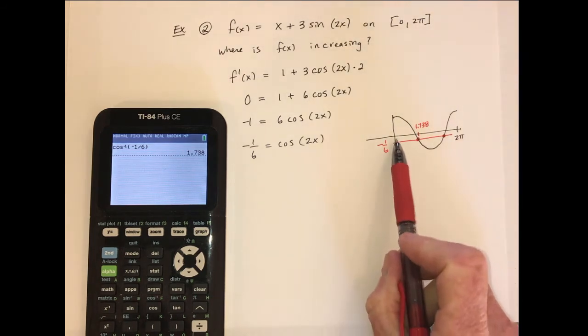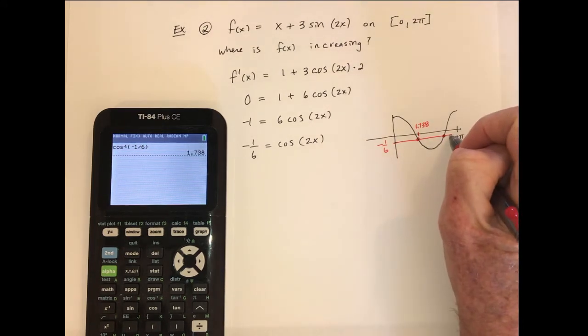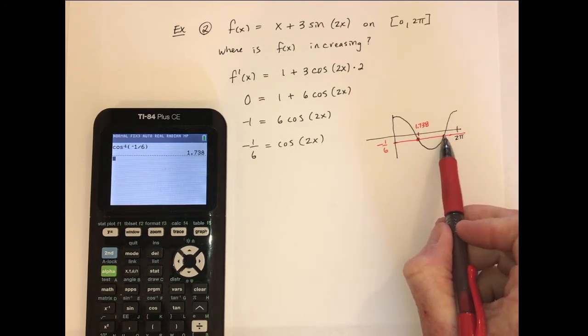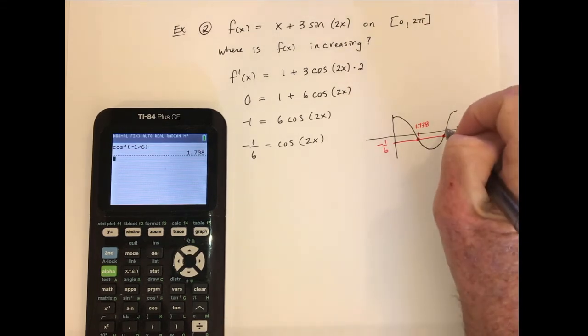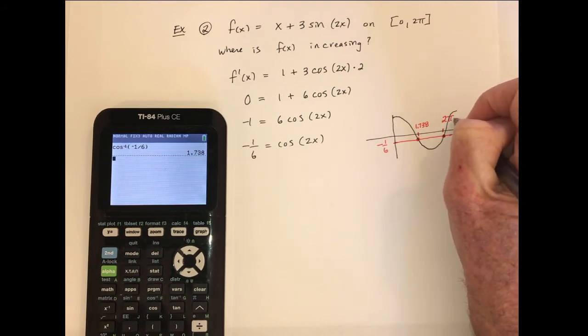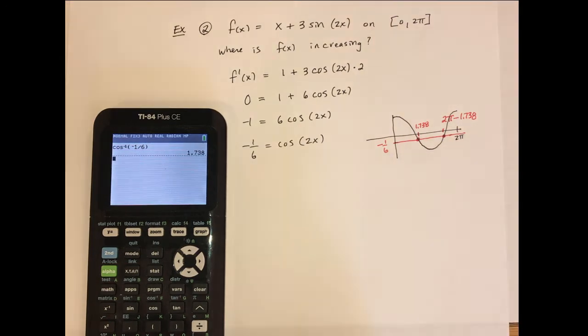Now, believe it or not, this graph is symmetric. So if the length from here to here is 1.738, then the length from 2 pi to this answer is also 1.738. So that means this one is going to be, if you start at 2 pi and then go to the left by 1.738, that's going to be the second answer.